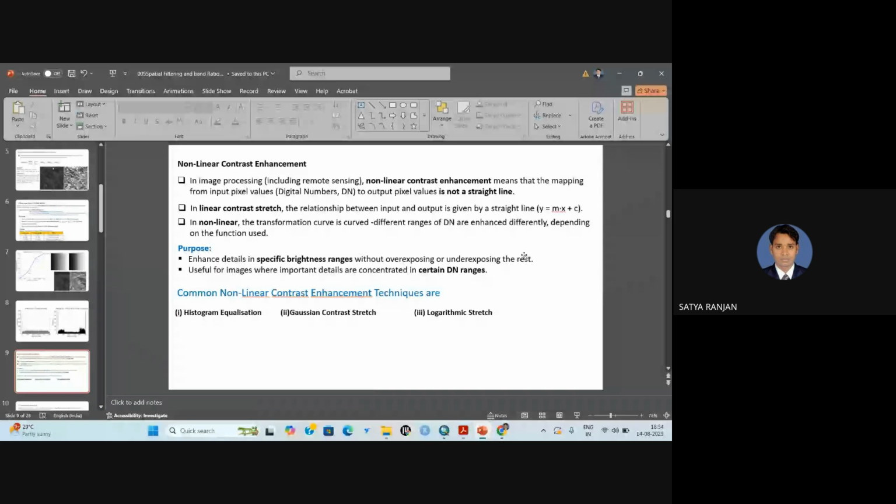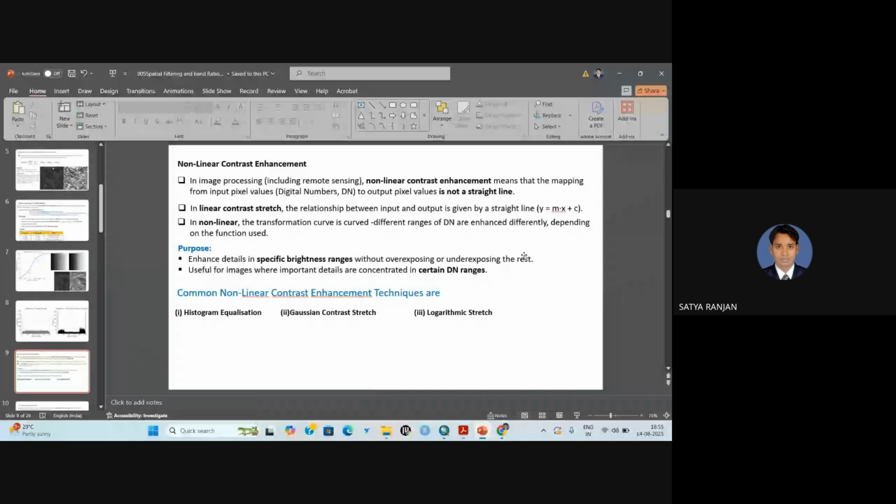Which type of function is used depends on the different areas calculated. So what is the purpose of nonlinear contrast enhancement? It enhances detail in a specific brightness range.